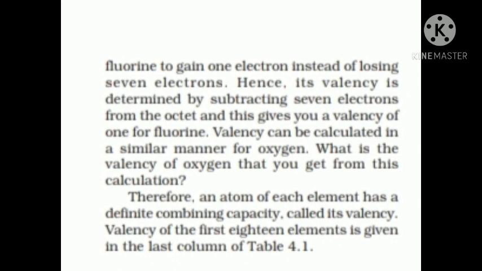Hence, its valency is determined by subtracting 7 electrons from the octet, and this gives the valency of fluorine as 1. Valency can be calculated in a similar manner for oxygen. Oxygen has atomic number 8, so the distribution of electrons is 2, 6. It is easier for oxygen to gain 2 electrons instead of losing 6 electrons. So the valency of oxygen is 2.